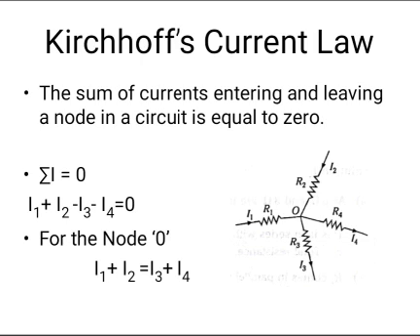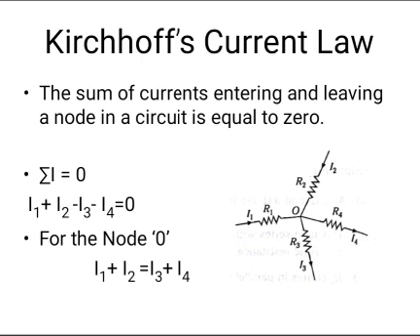That means I1 and I2 are flowing towards the junction, and those currents flowing away from the junction are taken as negative. That means I3 and I4 are going away from the junction, so we must take them as negative.